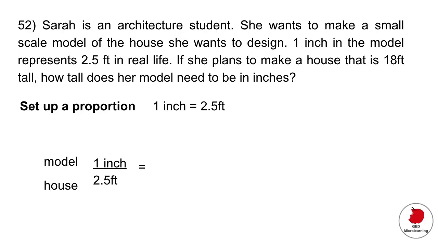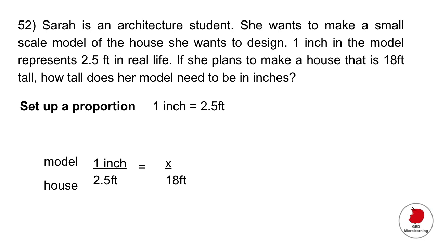Okay, so in this problem, they're telling us that 1 inch of the model is 2.5 feet in real life. So the proportion would be set up as you see there on the left. And then they're asking us how tall does the model need to be in inches if the real house is 18 feet tall.